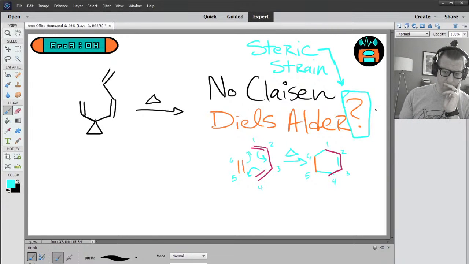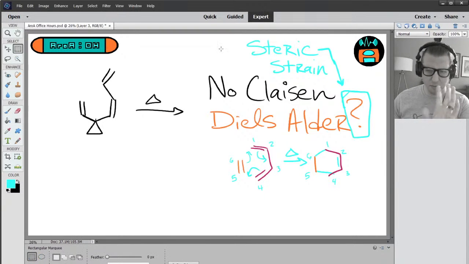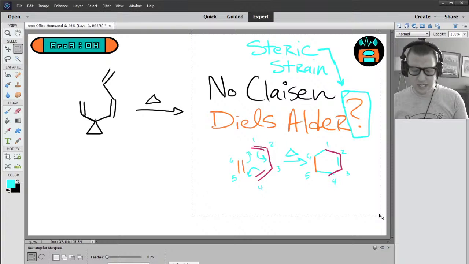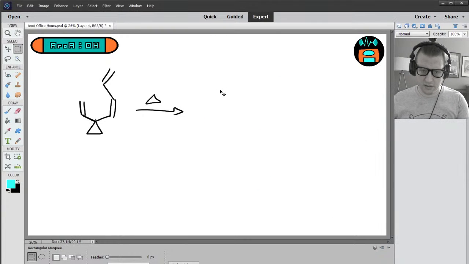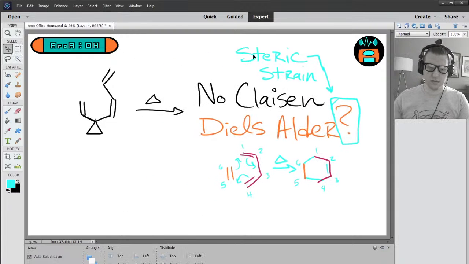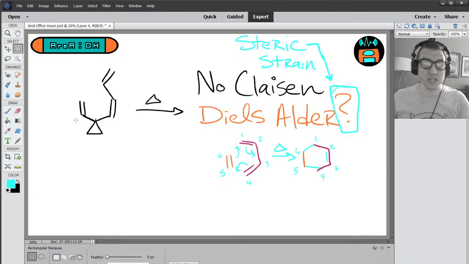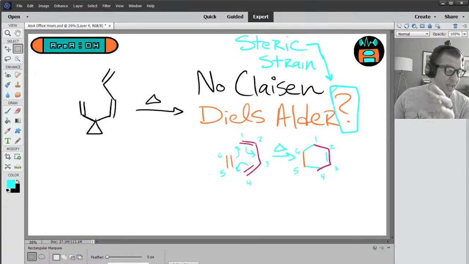The reason why I'm not sure if this Diels-Alder will happen is because I'm not sure if the product might be too strained, and I'll show you what I mean. Let me just move this to a different layer. All right, so let's look theoretically at what our product would be if a Diels-Alder goes down here.